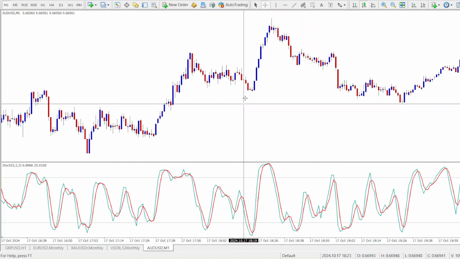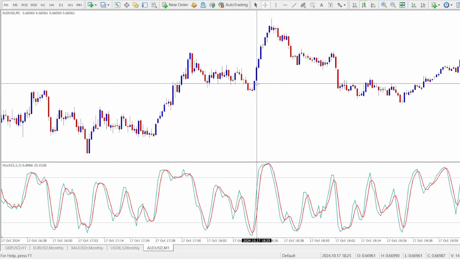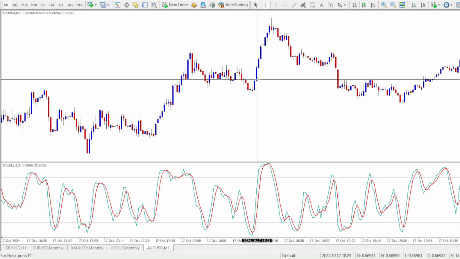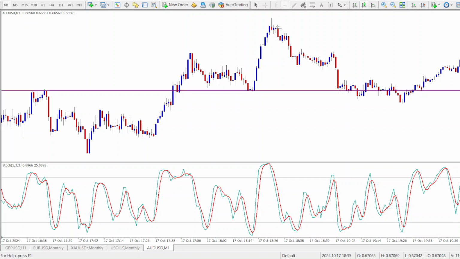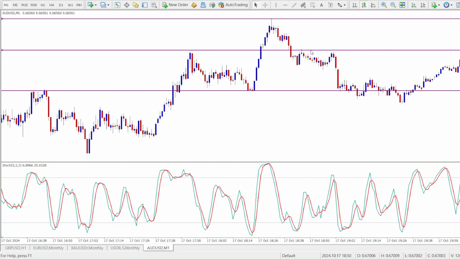But in this case, after we had this doji form and this doji form, and we had the first bullish candle form, the second candle was already going in the bullish direction, so we would have considered entering a buy around here. And it's also important to use support and resistance levels for additional confirmation as well, and you can also use other indicators to confirm your entries and exits.